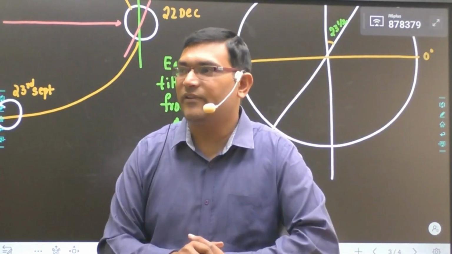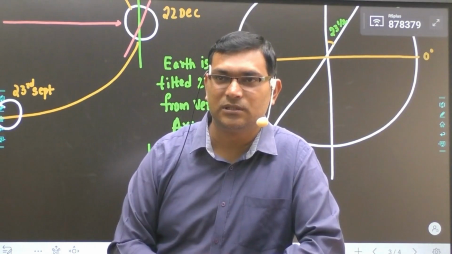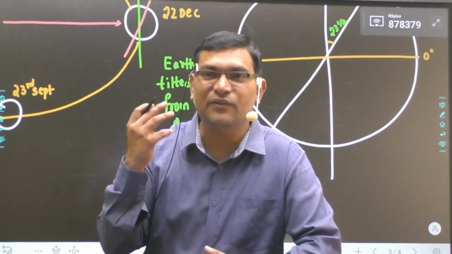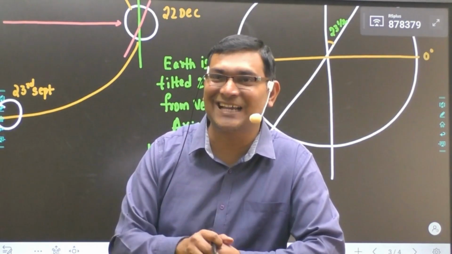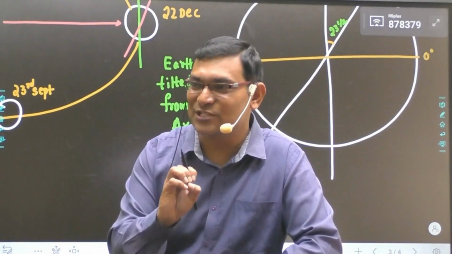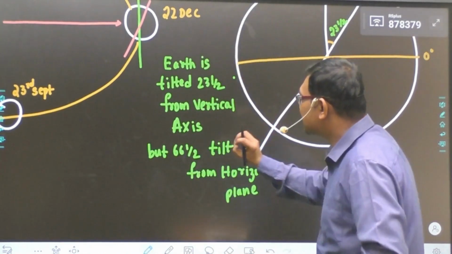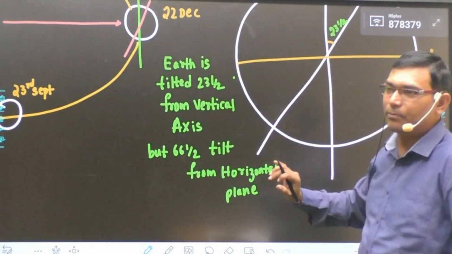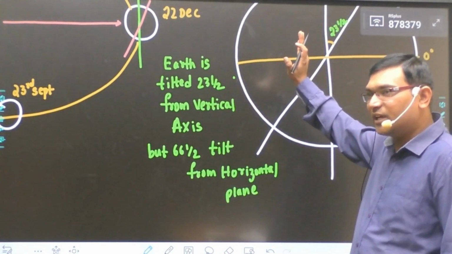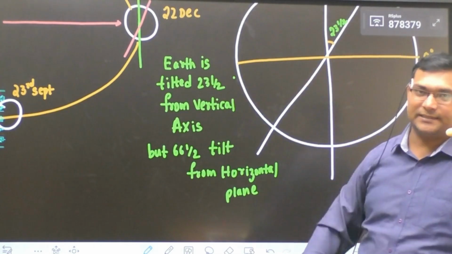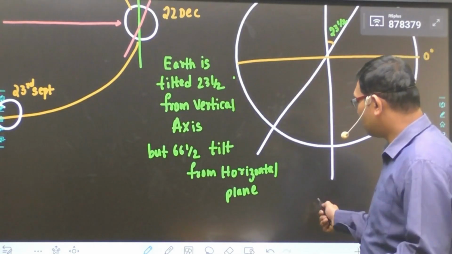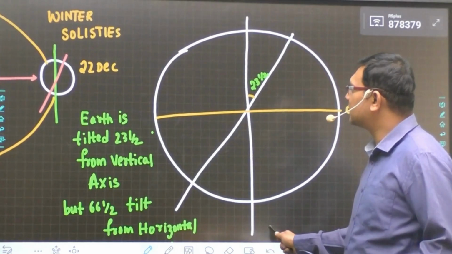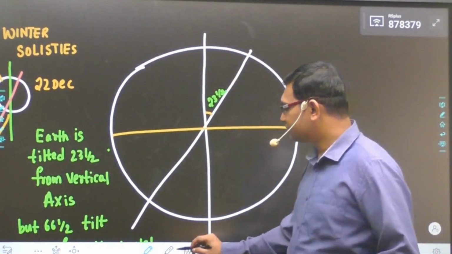Now everyone will be confused: Sir, 23.5 degree we have studied, but it is 66.5 degree. That means 66.5 degree is inclined to the horizontal plane and 23.5 degree inclined to the vertical plane.